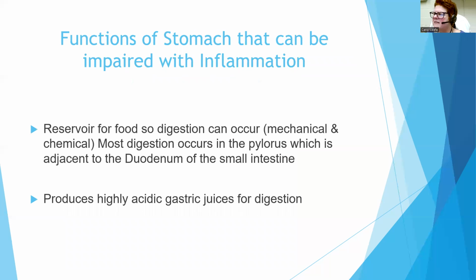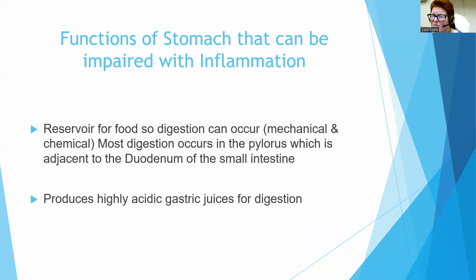So the functions of the stomach can be impaired with inflammation. It is a reservoir for food, so digestion can occur, and that digestion is mechanical as well as chemical. Most digestion occurs in the pylorus and the duodenum, the pylorus going into the duodenum of the small intestines. So, even though digestion occurs in the stomach, mechanical and chemical, when we talk about ulcers, it can cause bleeding.